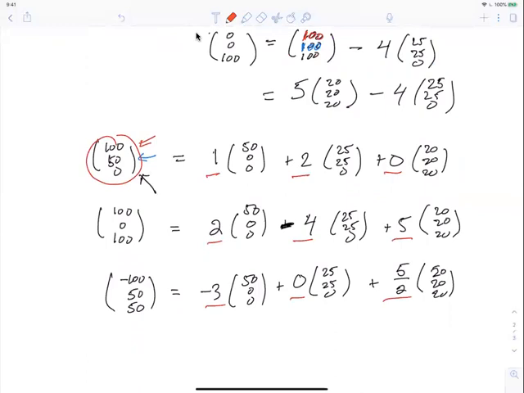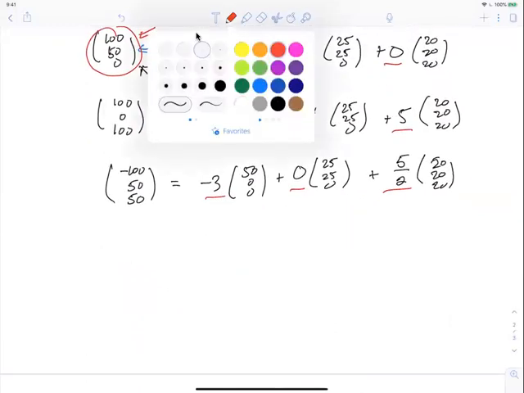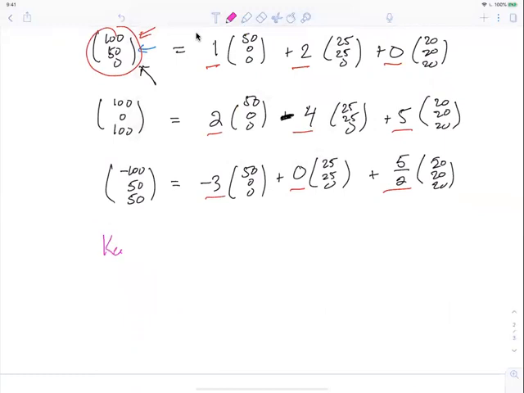And so before we continue, let's just emphasize that key point. The key point is that every vector in a vector space has a unique representation under a basis.